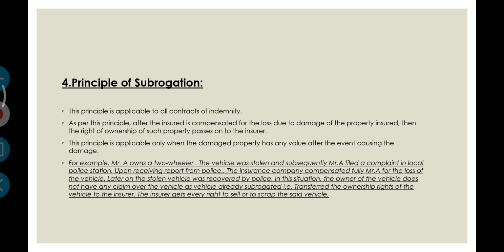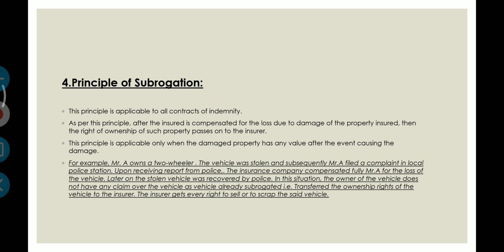Now, what is the principle of subrogation? It means that in case of occurrence of losses, after the compensation is paid, the scrap or the product or the leftover things are taken over by the insurance company.